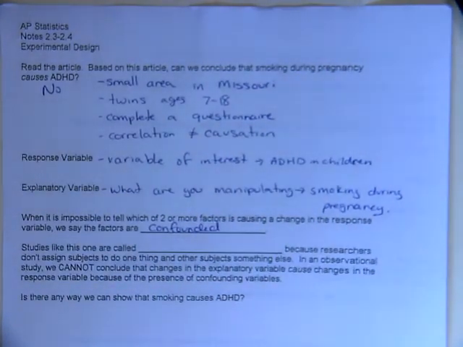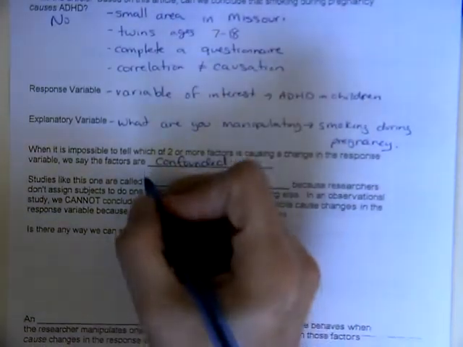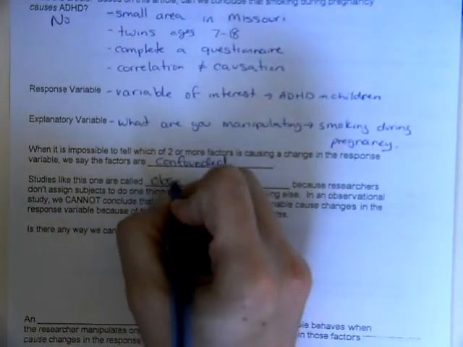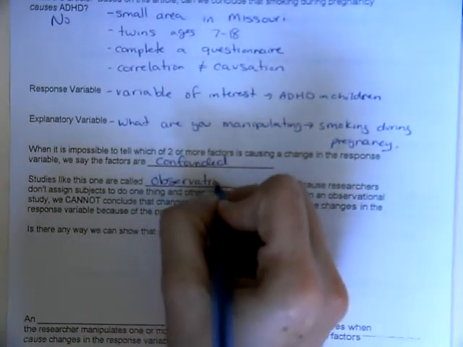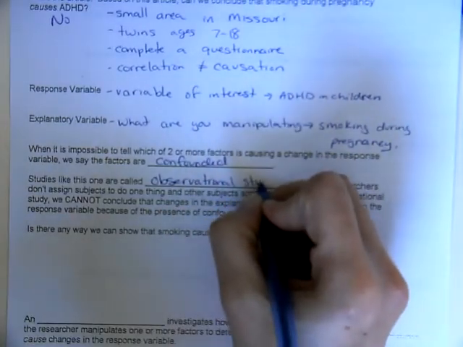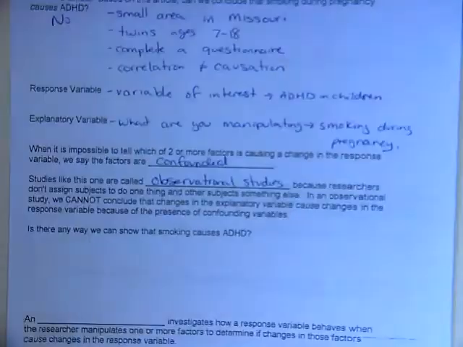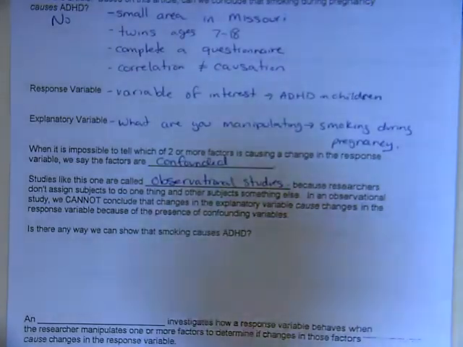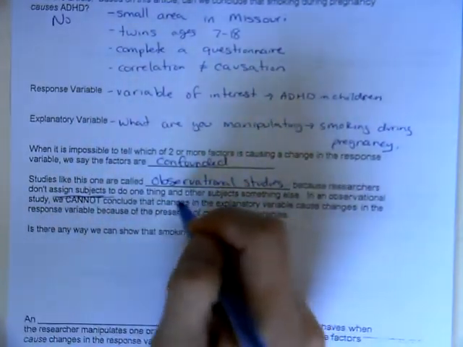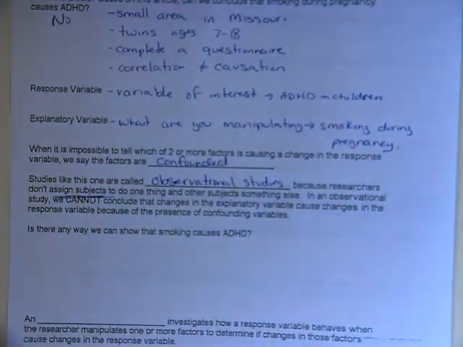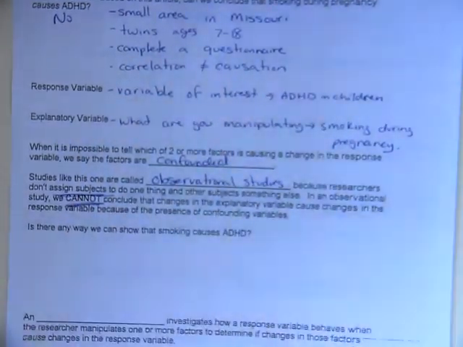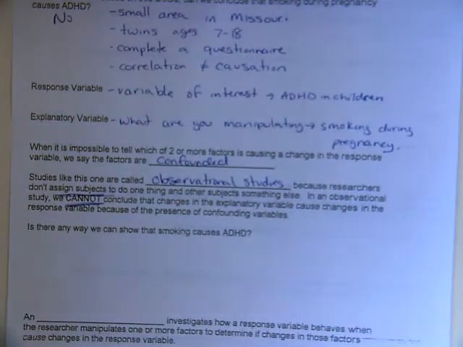So studies like this one, like I said before, are called observational studies, because the researchers don't assign subjects to do one thing and other subjects to do something else. In an observational study, you cannot conclude cause and effect because there is a presence of confounding variables.